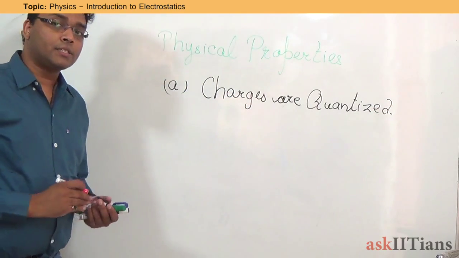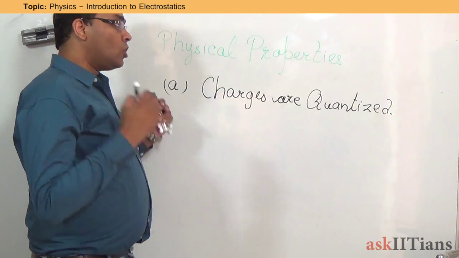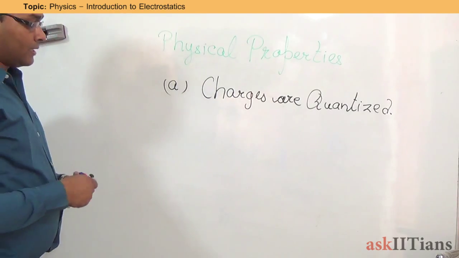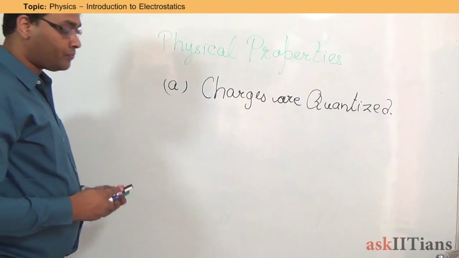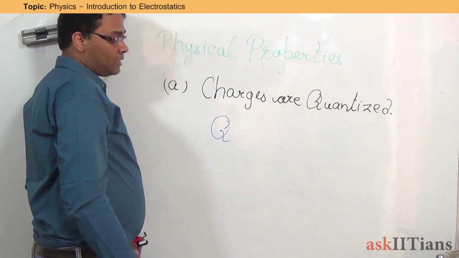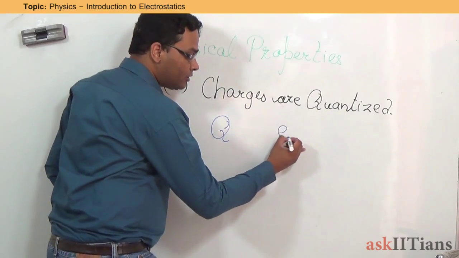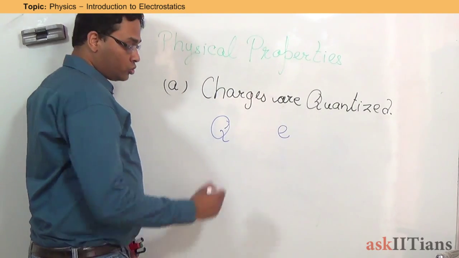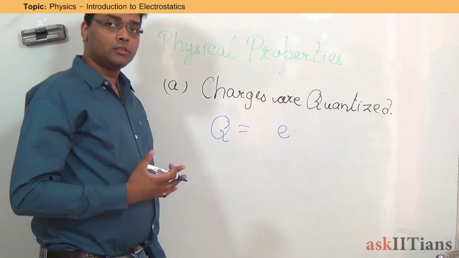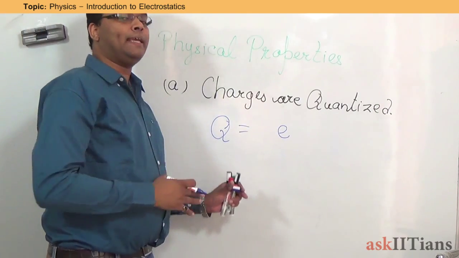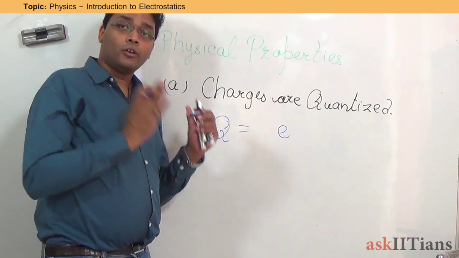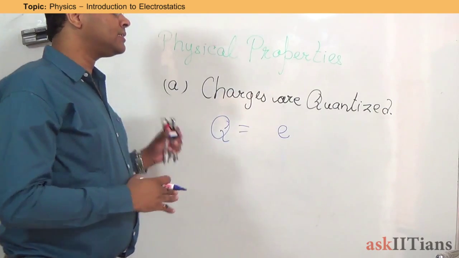When we say that charges are quantized, quantization basically means that supposing any particular atom has some charge Q, and the charge of an electron is e, the atom should have a charge which is an integral multiple of the charge of an electron. You cannot break up the charges further.